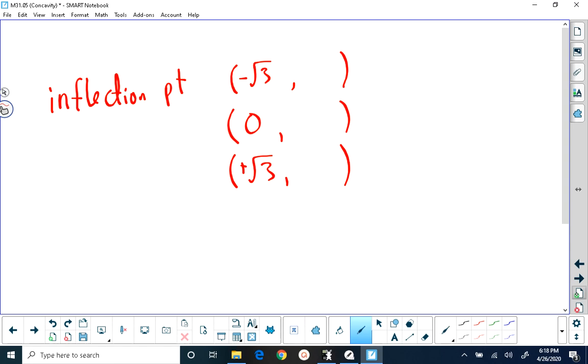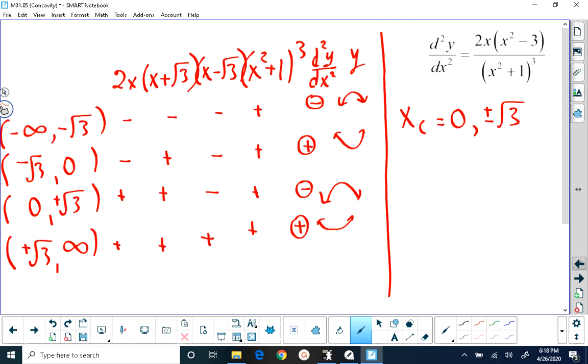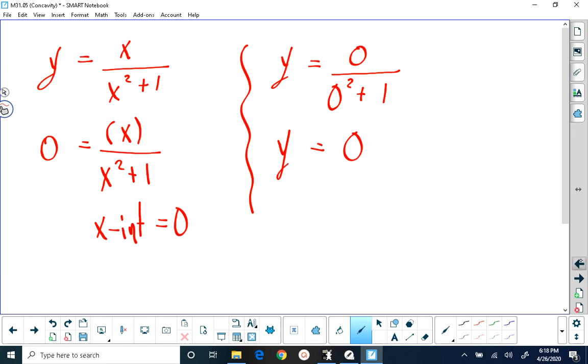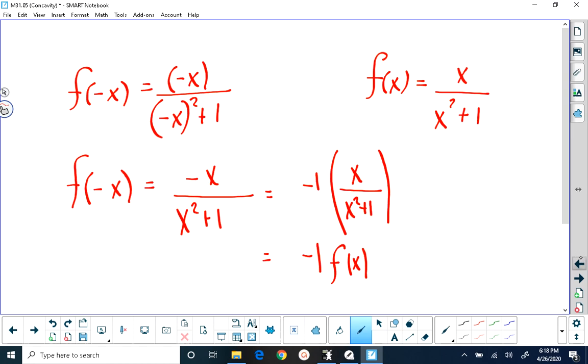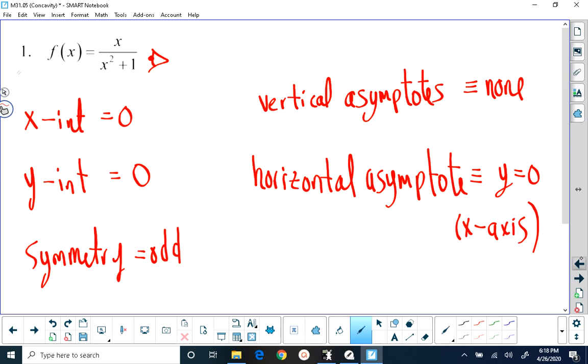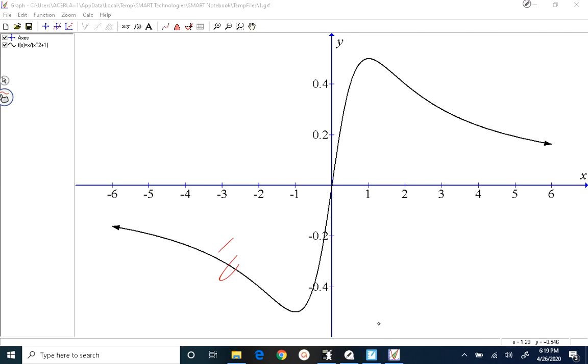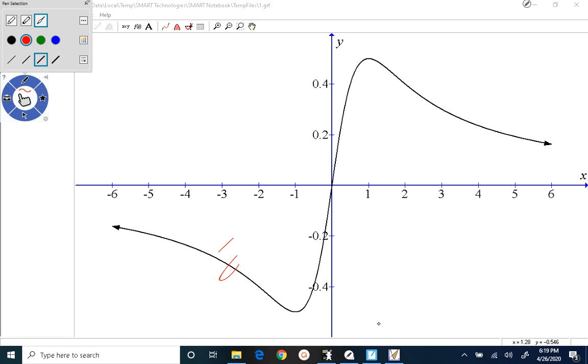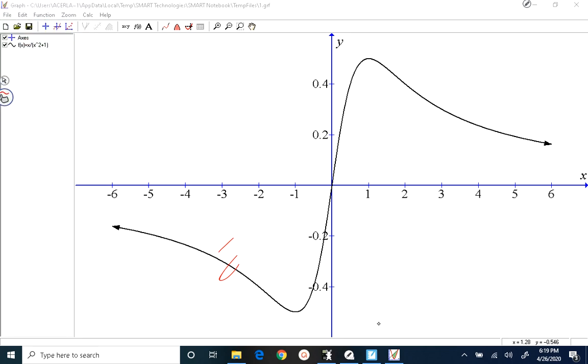So now I would like to take a look at the graph with you, because I've got the graph set up already so that we can look at it. So what did we say about the graph? What did we learn about the graph? We learned that there was only one x-intercept and it was at 0, and that was also a y-intercept. We said that at x equals 1, there was a maximum.